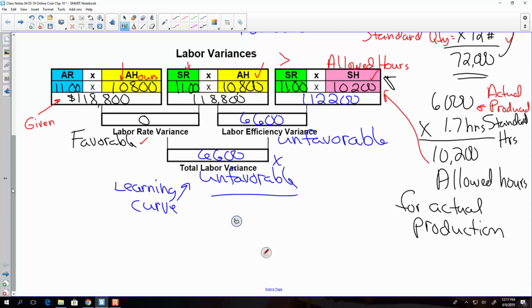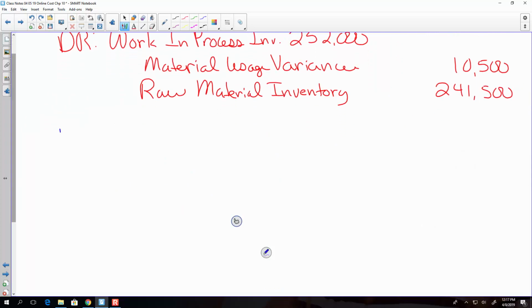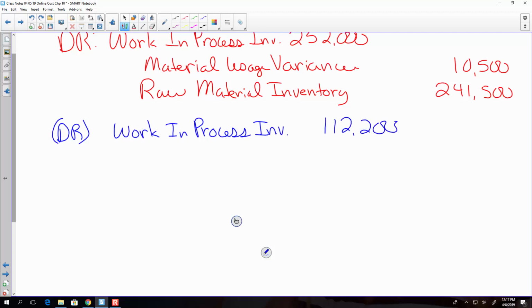So now when I'm recording this entry, I'm going to again put it into WIP. The 112,200 is what I put into WIP. So I'm going to make this my entry here right below. So I'm going to debit work in process inventory for my labor cost, for the direct labor cost in production, the 112,200.